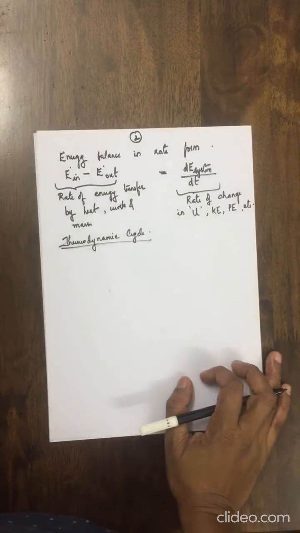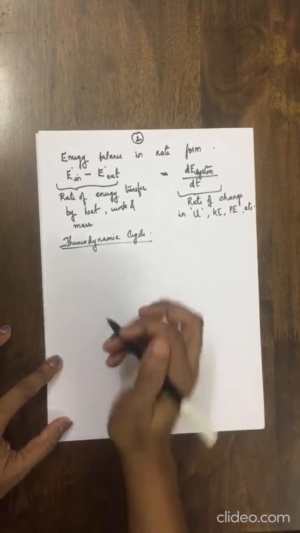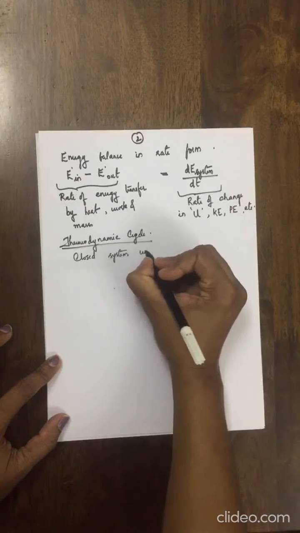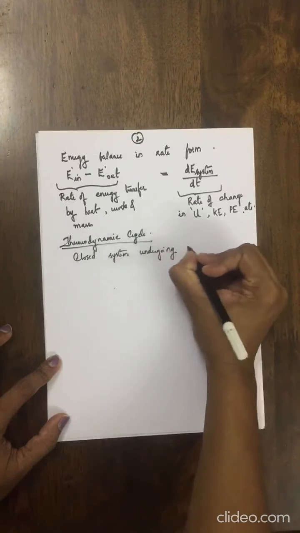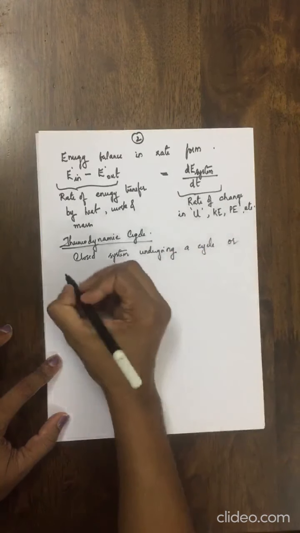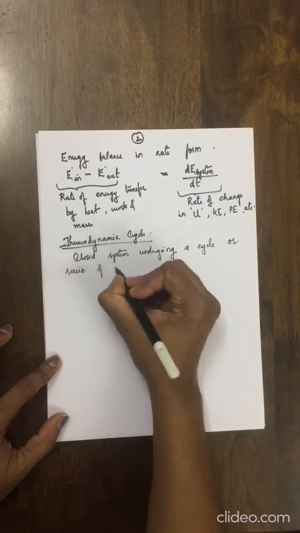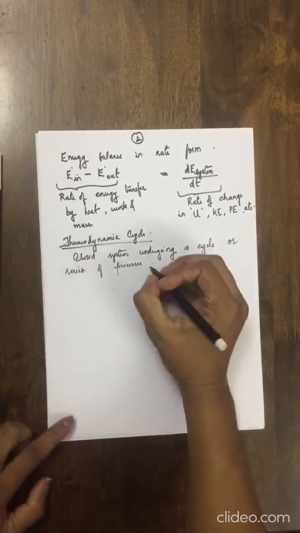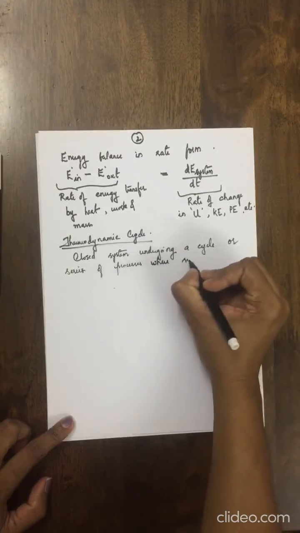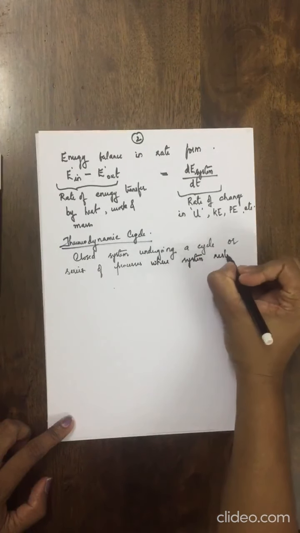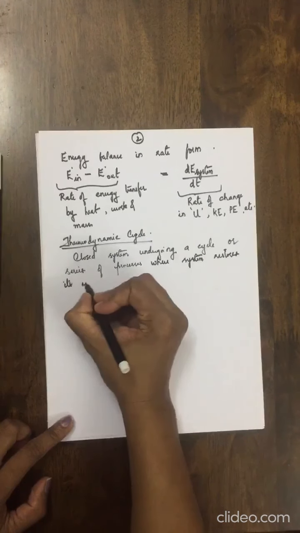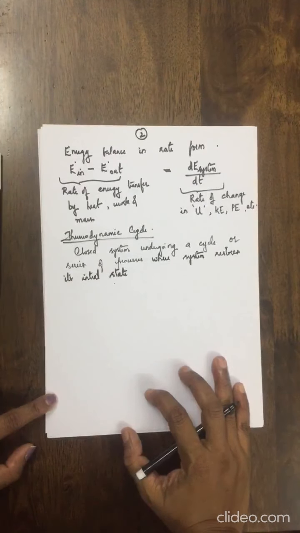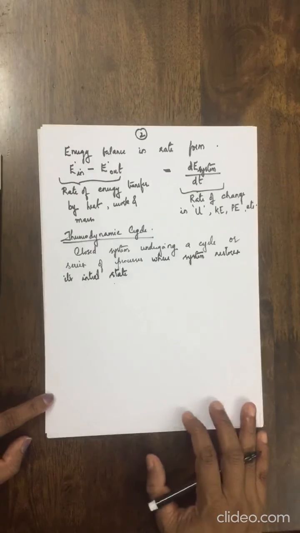So consider a closed system undergoing a cycle of processes, or a series of processes, where the system restores its initial state, where the initial and the final points coincide in case of a cyclic process.